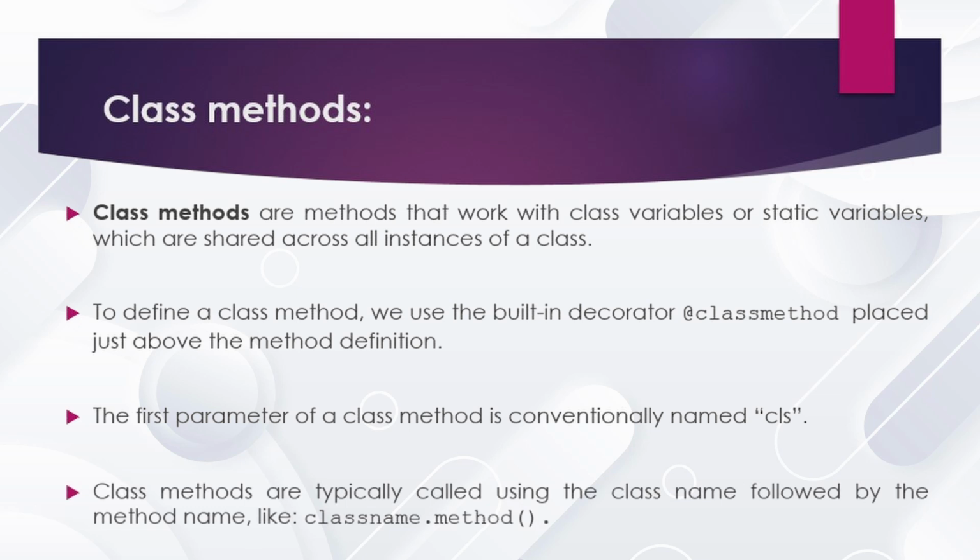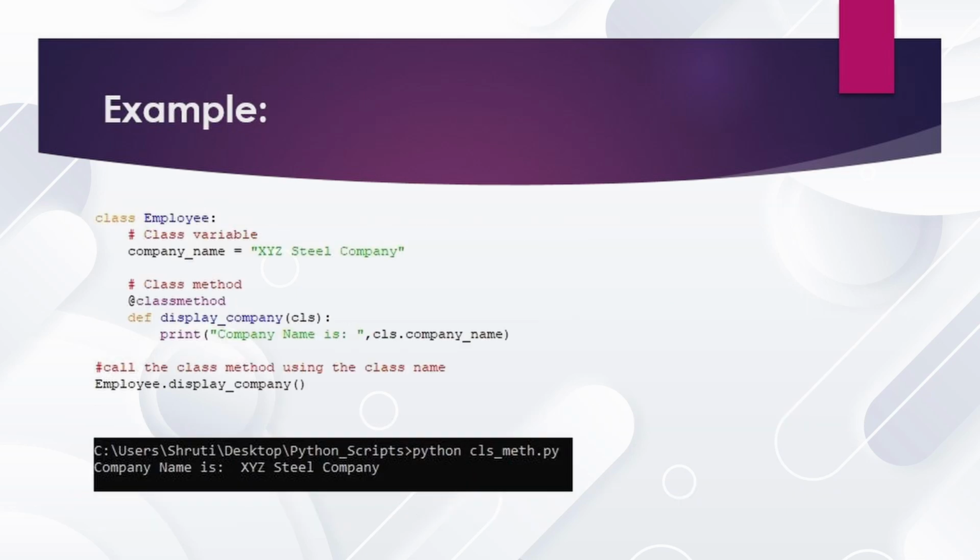Class methods are typically called using the class name followed by the method name, like classname.method. Let us look at a program to understand class methods. This program defines a class Employee with a class variable company name that stores the name of the company.